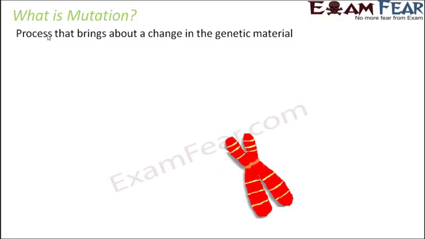So mutation is a process that brings about a change in the genetic material. Now when I say a change in the genetic material, first of all we should be clear about what the genetic material is. We all know that chromosomes carry the genes, and genes basically contain the genetic material, right? So these yellow colored structures are the genes. Now, what are genes made up of?